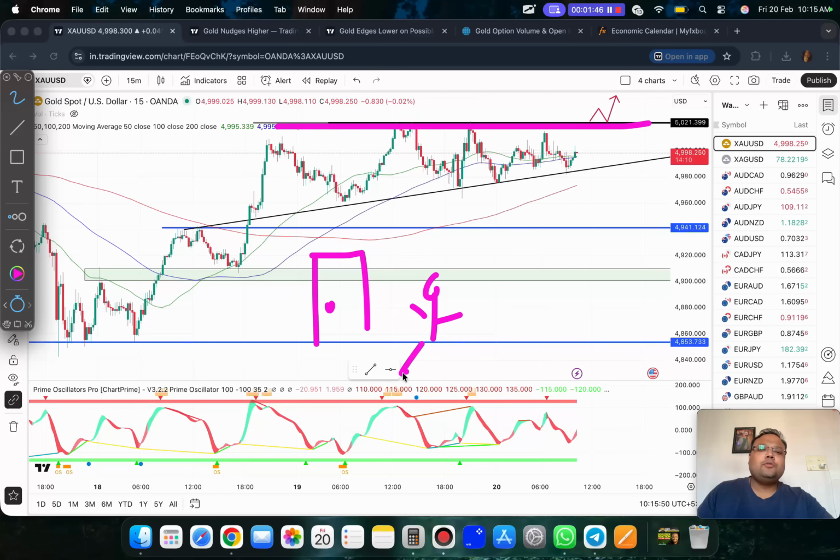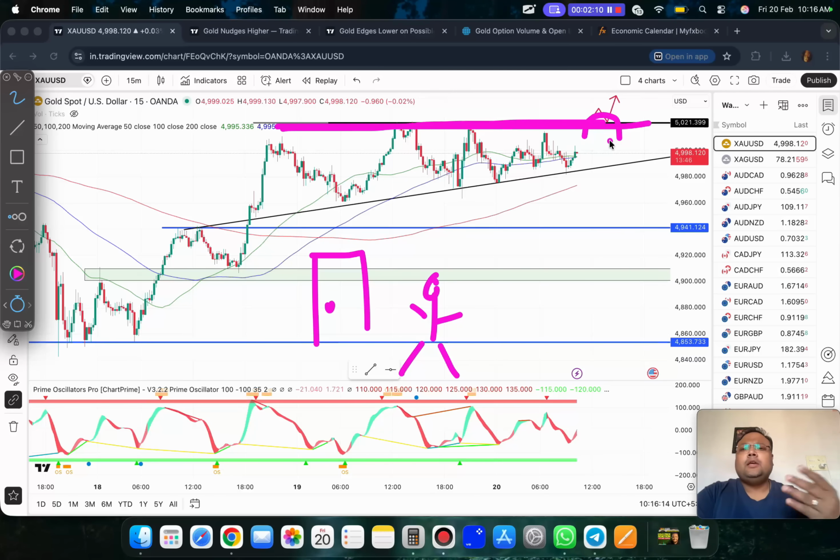So to break the door, what do you want? You need strength, isn't it? If you do not have the strength to break the door, you won't be able to break it. Similarly, here also, to cross this level, the market requires strength or volume. If volume is missing, then obviously gold will not be able to cross it. So in that case, the market will again have a false breakout.